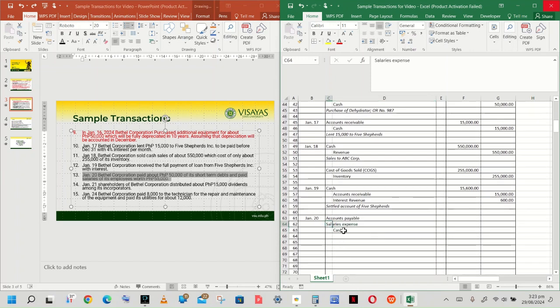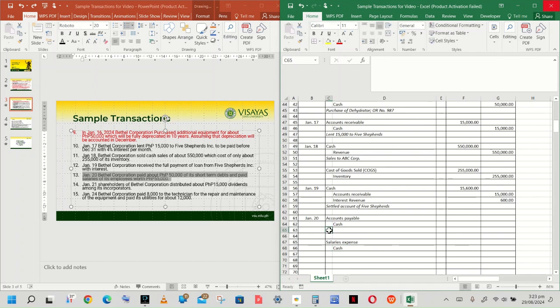Pwede rin ganito. Para hindi nakakalito. Para dun sa utang, okay, cash. Tapos notes. Tapos ilagay ko dito ng accounts. Salaries expense pala. Isulat ko dito ng salaries expense. And cash. Okay? So, sabihin natin, pinaghiwalay ko na lang para hindi nakakalito.